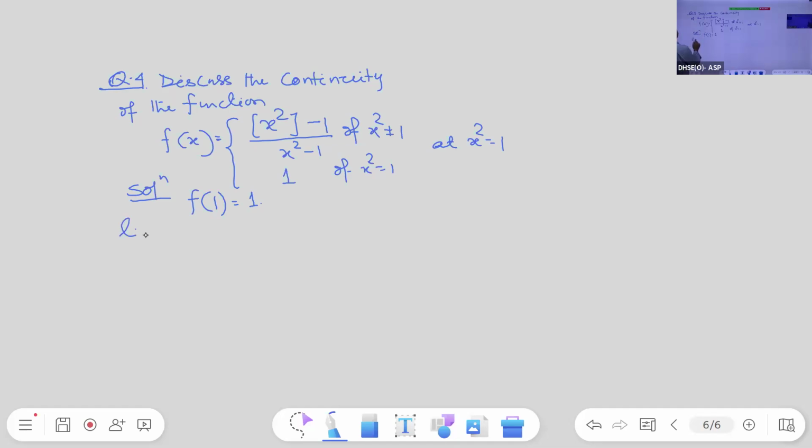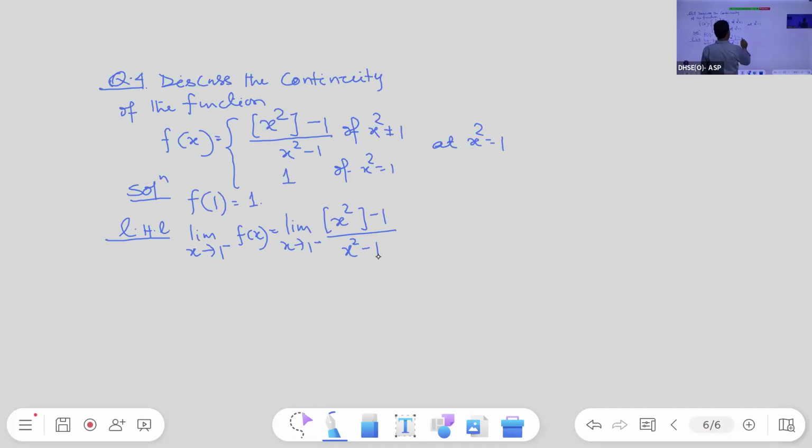LHL. Limit x extending towards 1 minus f of x is equal to limit x extending towards 1 minus of bracket x square bracket minus 1 upon x square minus 1.